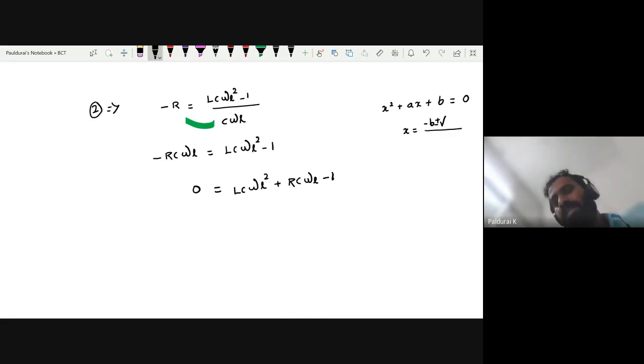Minus B plus or minus. Okay, actually here it is some constant B and some other constant C. Actually here it is A, right? But A should always equal 1. So this is minus B plus or minus square root of B squared minus 4AC, divided by 2A. Can you remember this? What is this equation? Anyone? Please help me.